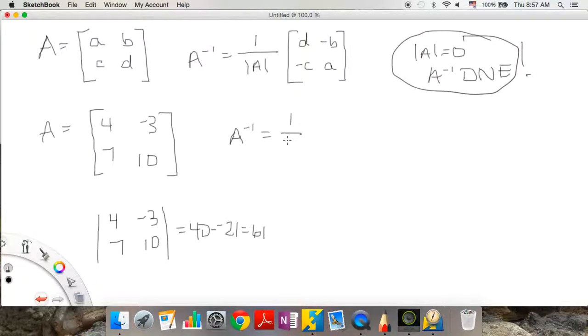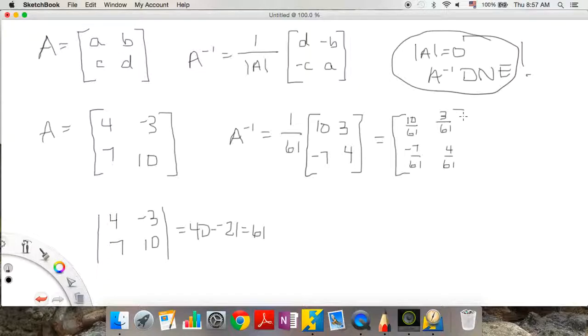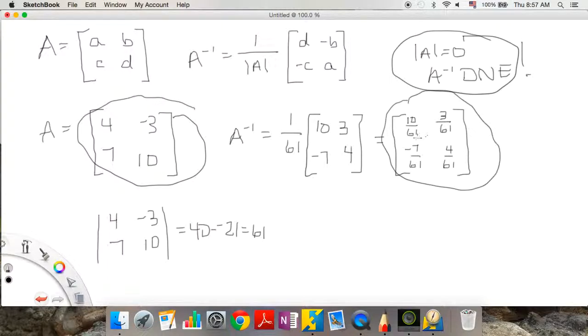So we have 1 over 61 times, switch the main diagonal, change the signs on the other diagonal, and we have our inverse. So multiply that scalar in there. And there's our inverse. So when you multiply this one times this one, you should get an identity matrix.